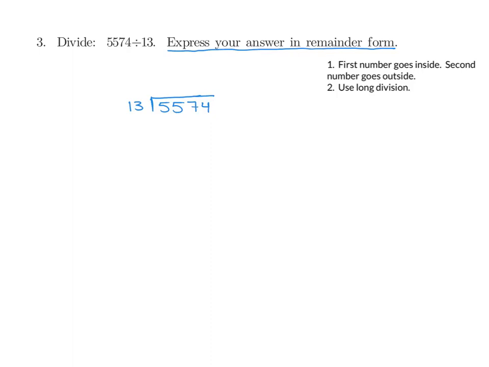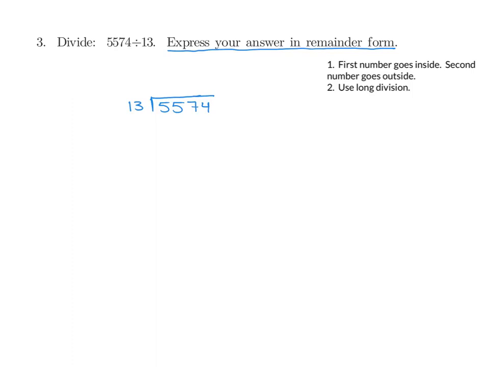So the first thing I want to know is what is the first number divisible by 13? It is going to be 55. Remember that we want to put our answer above the second 5. Always put your answer above the rightmost digit that you are working with.